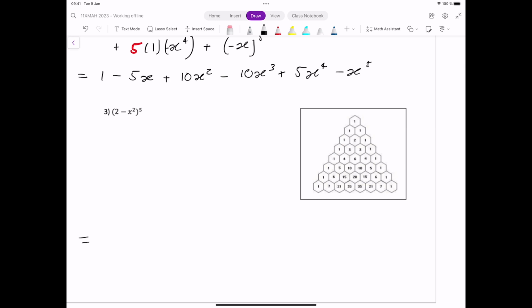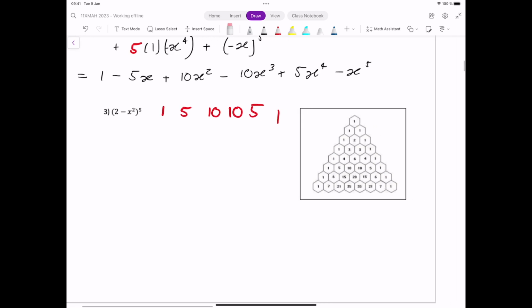Okay, this one here, we're looking at the fifth row of Pascal's triangle. Again, it's 1, 5, 10, 10, 5, 1. Now, this is going to get a lot easier when we actually apply this to the binomial theorem of combinatorics, but for now we're just using Pascal's triangle.